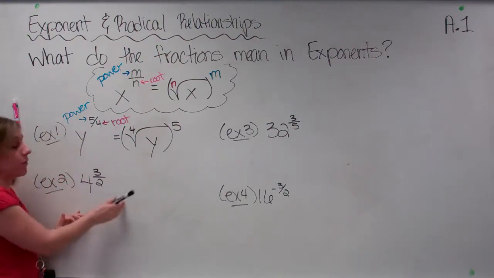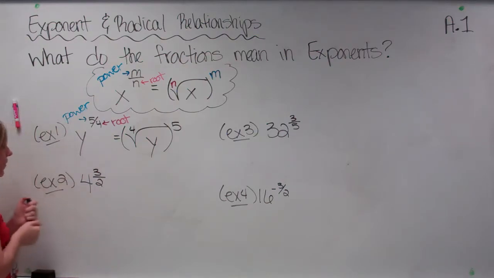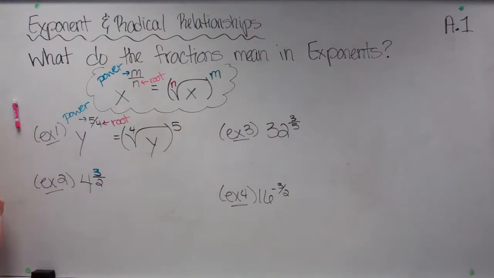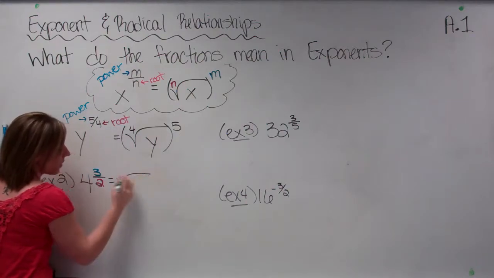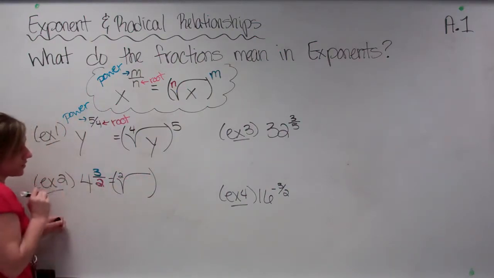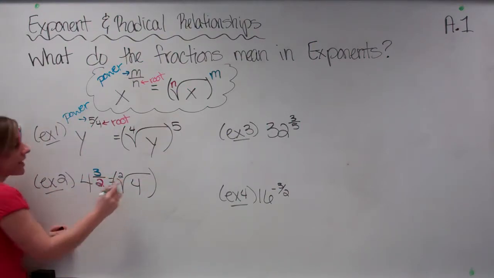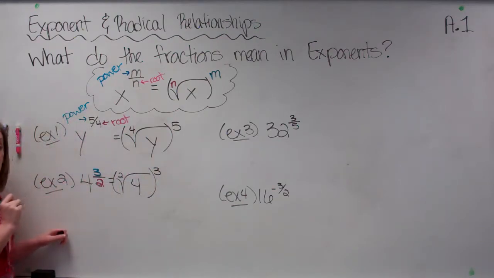But it's really helpful when we actually have numbers that we can evaluate. So the first thing we want to recognize is the power is here, and the root is there. So the first thing we want to evaluate is the root, because it will make it smaller. So it's the square root, there's an automatic 2, of 4, because that's the root. And then whatever we get here, we take it to the 3rd power.